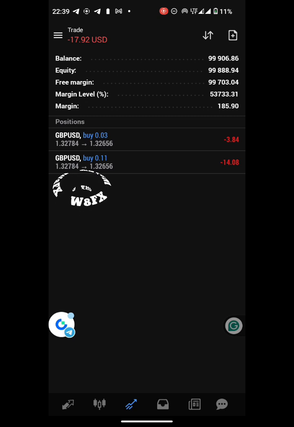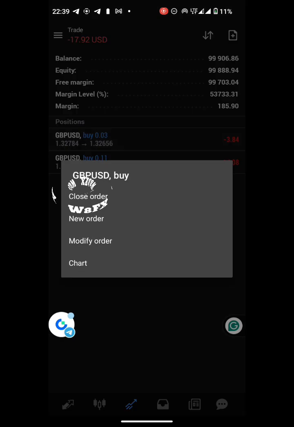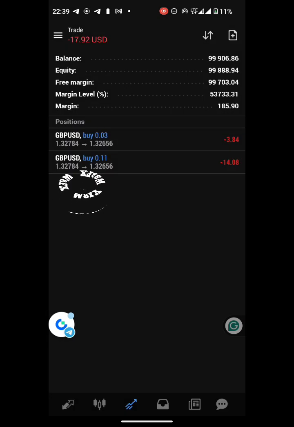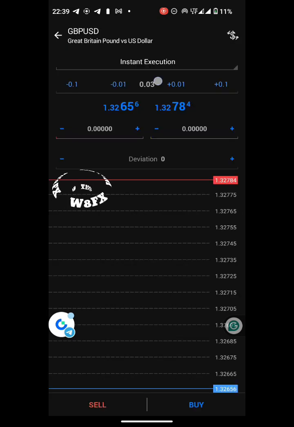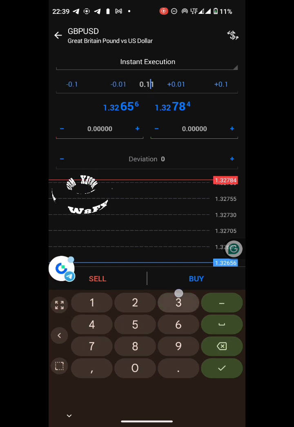Or let's say I did not make this mistake. I just come here and enter 0.13 straight. But entering 0.13 has not yet secured our risk.